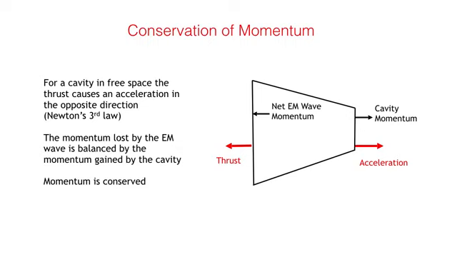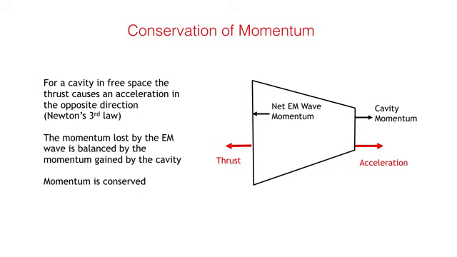To separate EmDrive operation from magic, it must obey the law of conservation of momentum. Although inside the cavity Einstein rules because the electromagnetic waves are travelling at relativistic velocities, to the outside world it is simply another Newtonian machine.